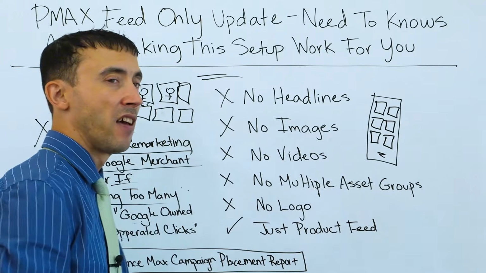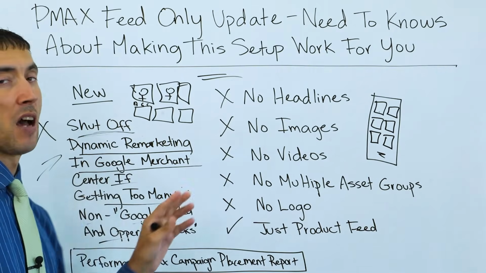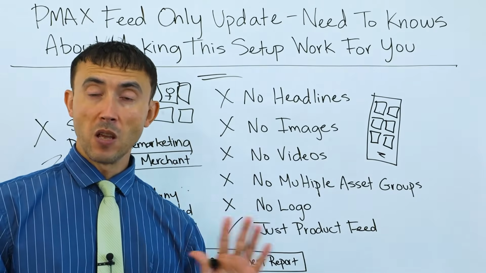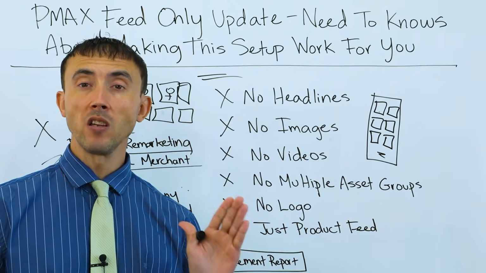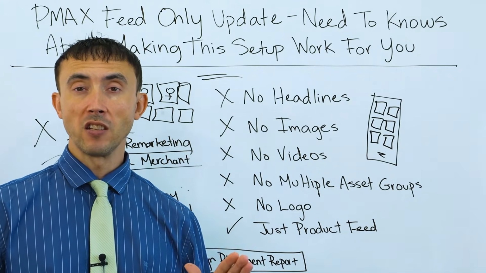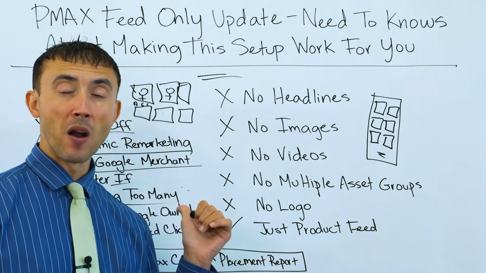If you see that, the way that you get that shut off is you have to deactivate dynamic remarketing. Now, that said, dynamic remarketing is actually really good, and I don't want to demonize it at all. However, if Google is loading you up and gorging itself on display network clicks, you can get rid of this to get rid of that problem.